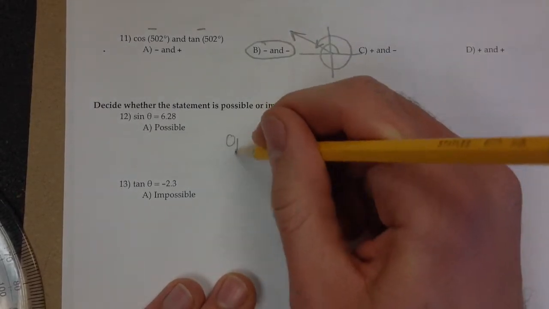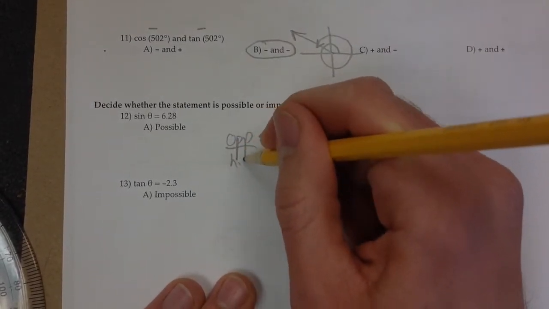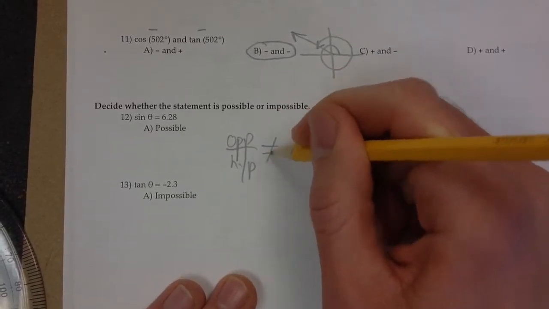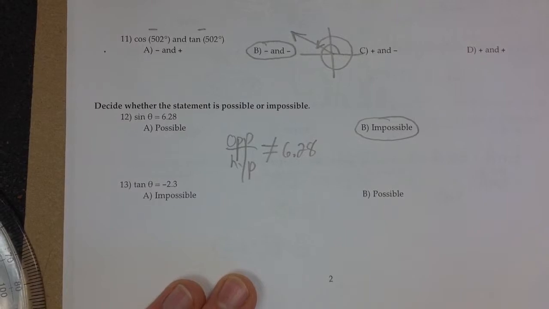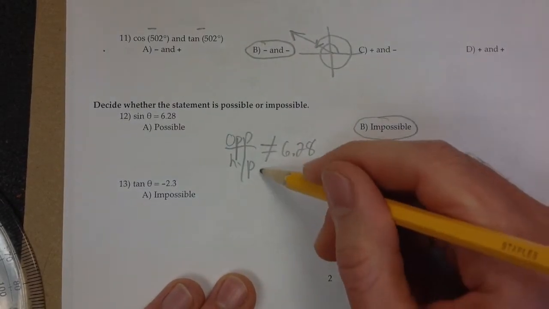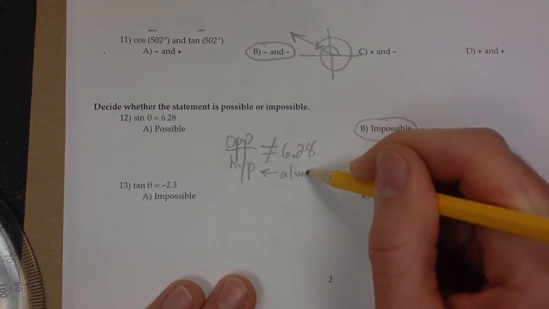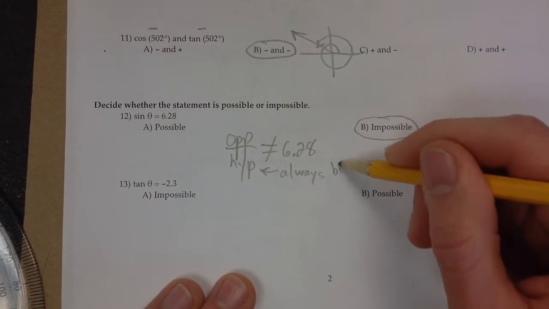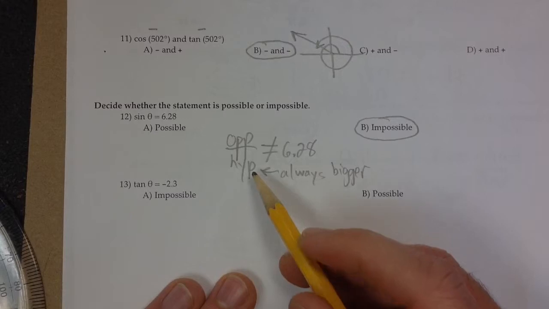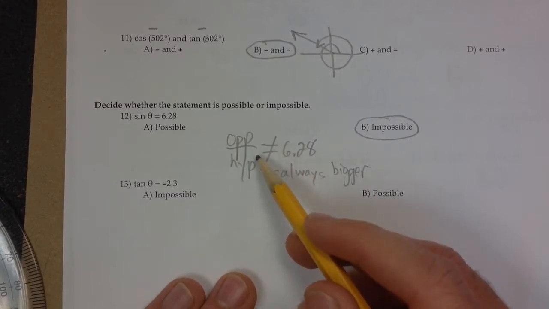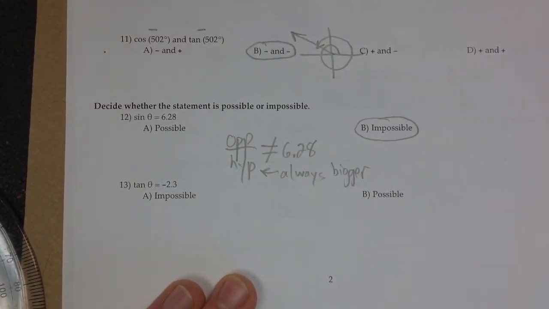There's no way you're going to get the opposite to the hypotenuse to be 6.28. Good luck. If the bigger number is in the denominator, this fraction has to be less than 1. And yes, I know technically for our purposes it's less than or equal to 1.